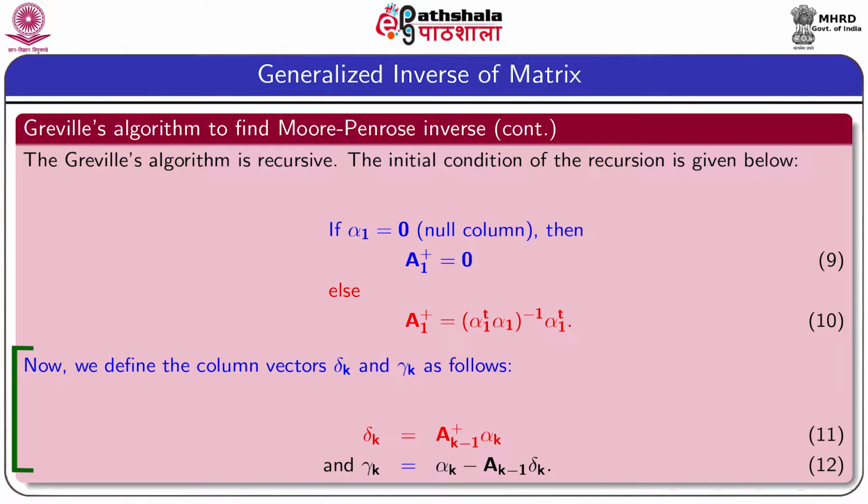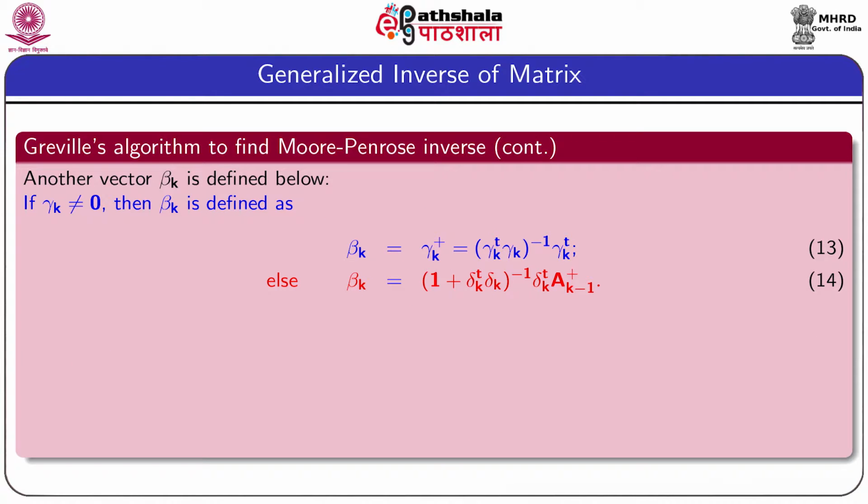Now, we define two column vectors, one called delta k and the other called gamma k, that are defined below. The delta k equal to the Moore-Penrose inverse of the submatrix A k minus 1 into alpha k, and gamma k is defined as alpha k minus A k minus 1 into delta k. Now, another vector beta k is defined as, if gamma k not equal to 0, then beta k is equal to gamma k plus.